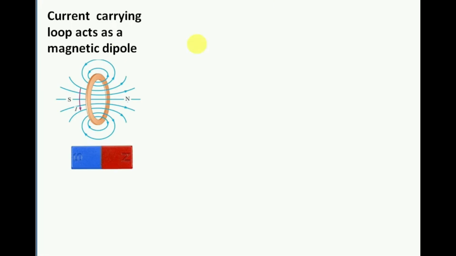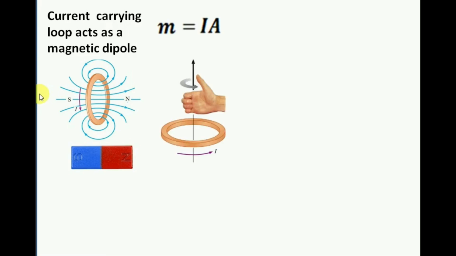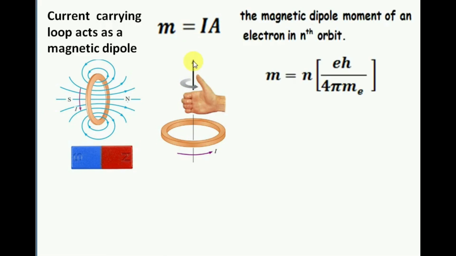Okay, now we'll summarize the video. A current carrying loop acts as a magnetic dipole. You can see it produces a small north pole and south pole, so it is the same as a magnetic dipole, and the direction of the magnetic dipole can be found using the right hand thumb rule. The curling of fingers shows the direction of current in the loop, and the thumb shows the direction of the magnetic dipole moment.